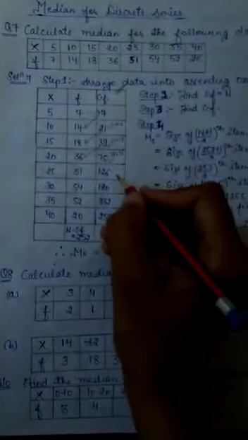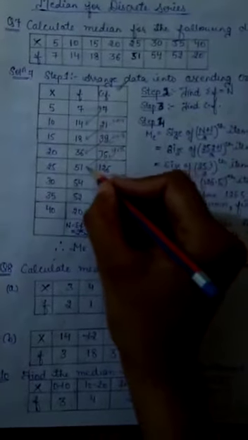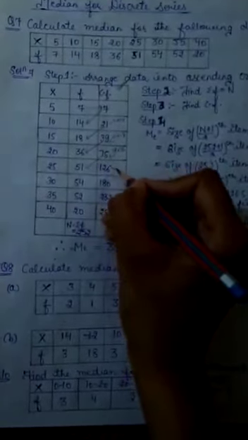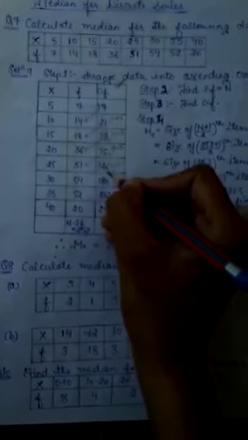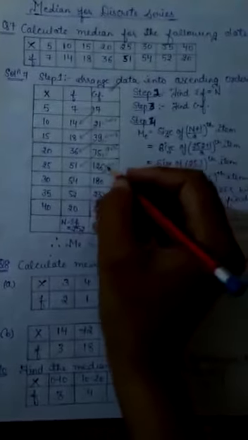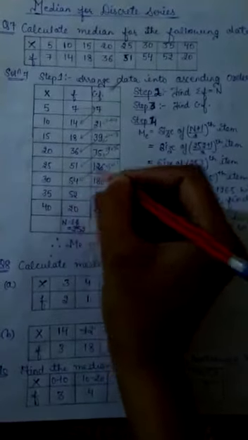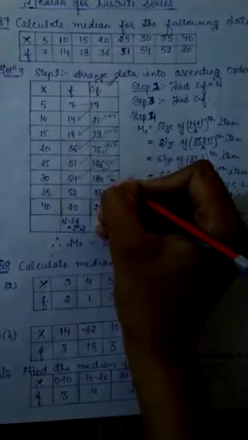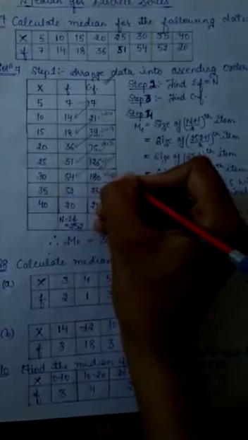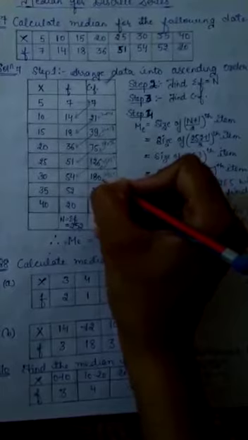And in the next you have to add 75 and 51, that is 75 plus 51, it will give you 126. And in the next this 126 will be added to 54, that is 126 plus 54, it will give you 180.